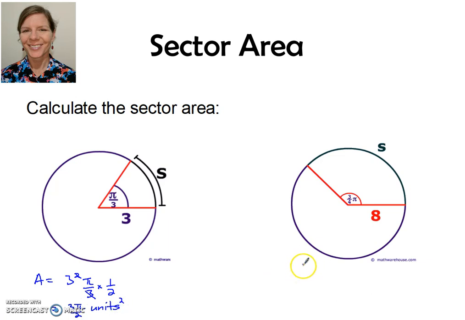Alright, and for this one over here, we've got area is 8 squared times 3 pi on 4 times your half. Those two cancel with one of those, and you get 24 pi units squared. So fairly easy to work out, especially when you've got nice numbers like this that you can cancel out and come out with a nice exact value there.